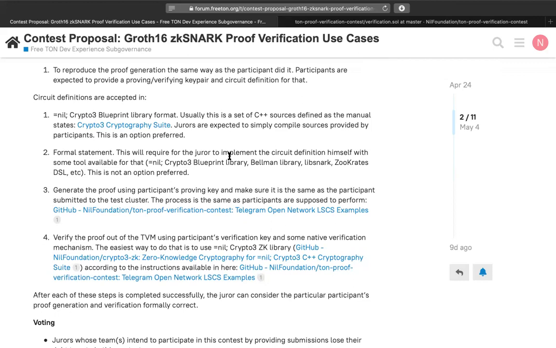Okay, let's move on to the next thing. After the jurors accept the submission from the participant, which, as I said, contains an out-of-TVM part, an in-TVM part, and a circuit definition in C++ probably, or in some form of DSL, it is required to verify that, right?